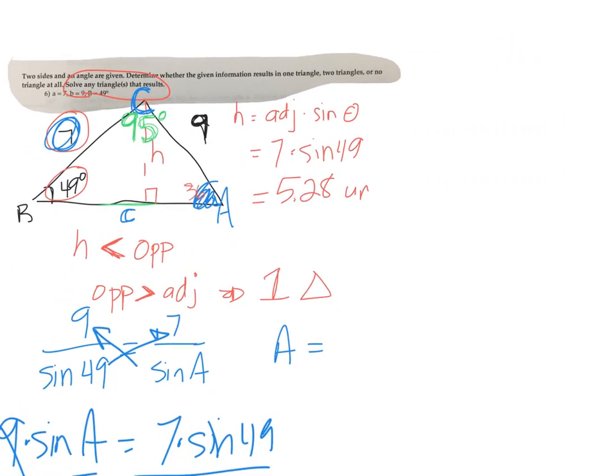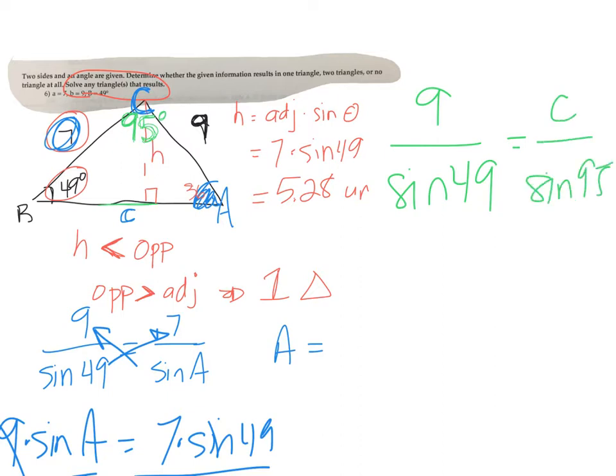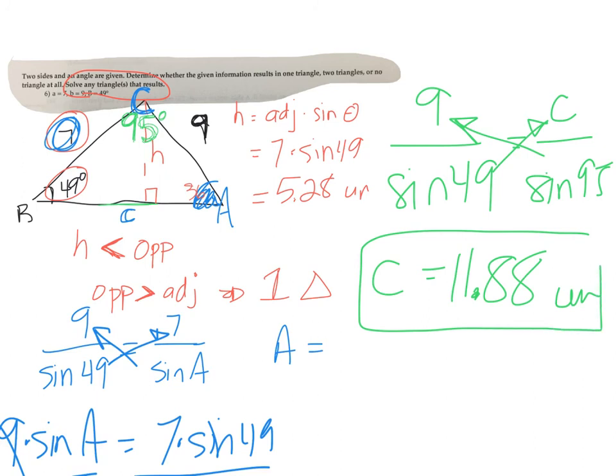So we'll use the law of sines: 9 over the sine of 49 equals C over the sine of 95. Once again, we cross multiply and divide, and our calculator tells us that side C is 11.88 units long. And that's how we solve your triangle.